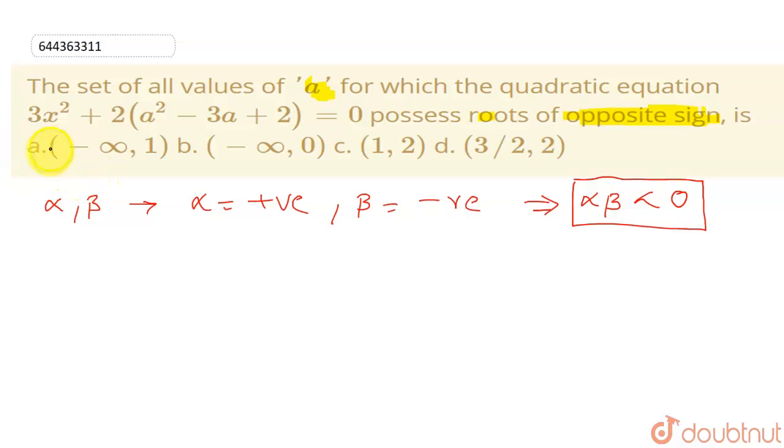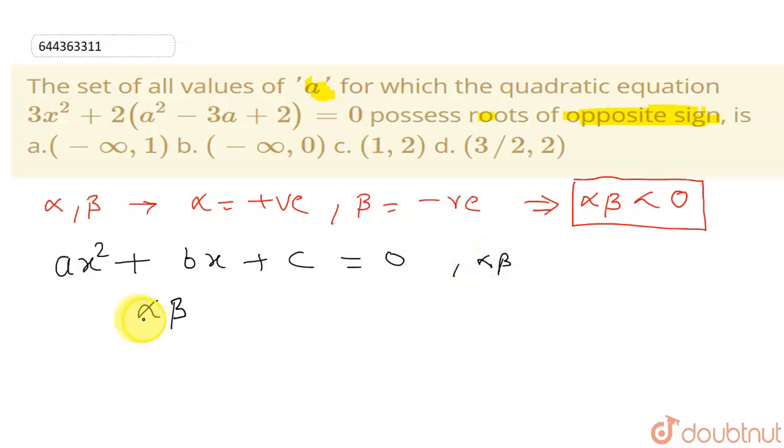Now see, this is a quadratic equation, and what is the general form of a quadratic equation? The general form of a quadratic equation is ax square plus bx plus c is equal to 0, which has roots alpha and beta, and the product of those roots is given by c by a.